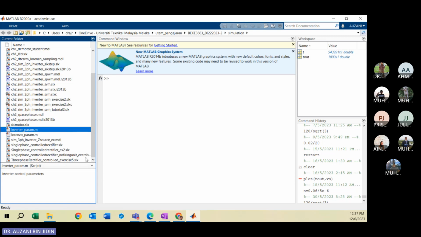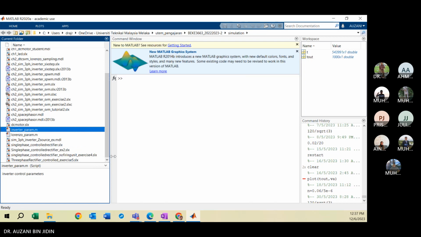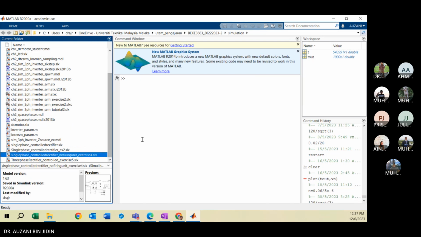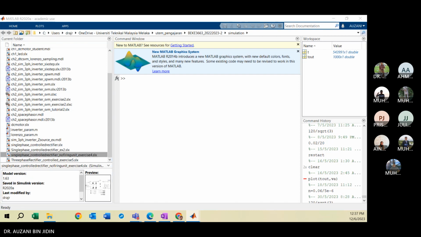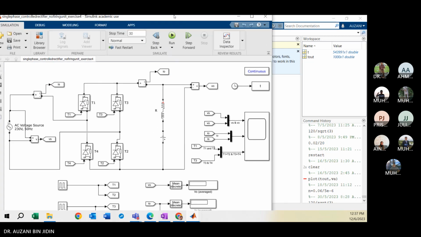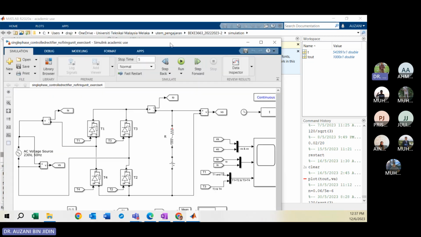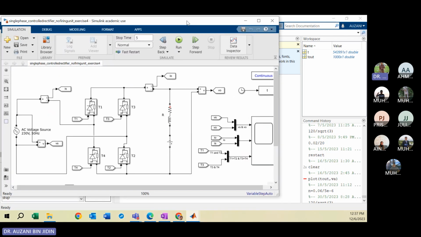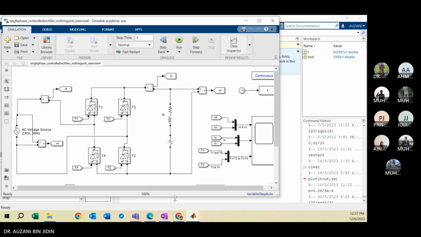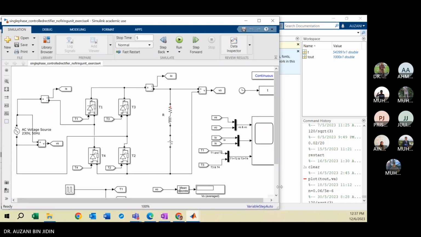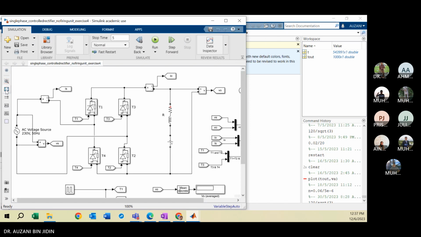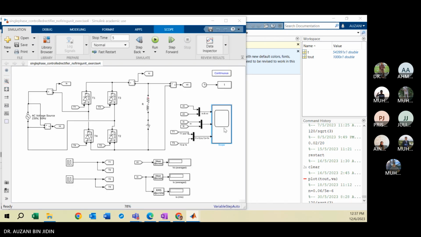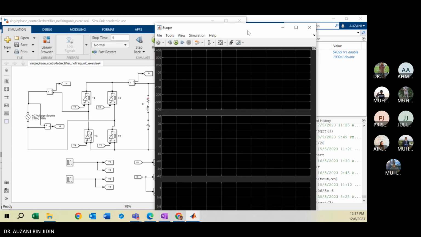Single phase. This one. Slide 40. Okay, this is the simulation model for exercise 3. Let me resize the window. Where is it?